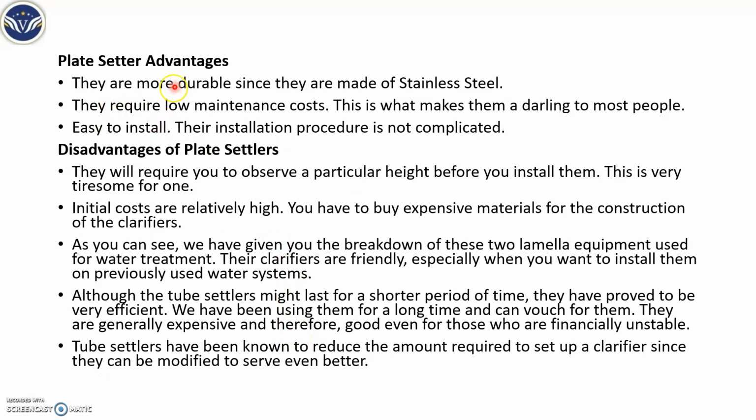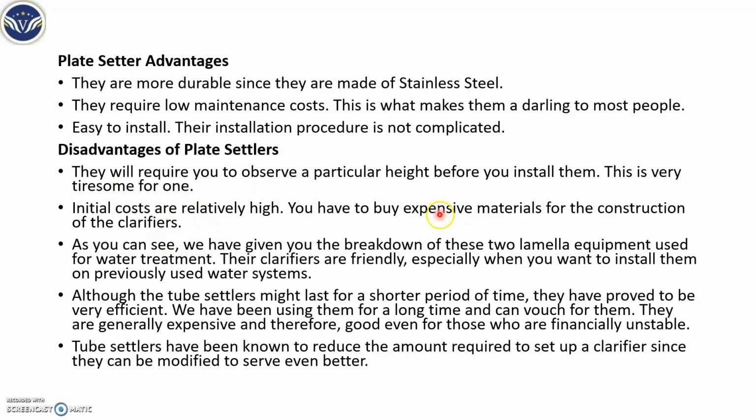These are some of the advantages and disadvantages of tube settlers. Plate settlers are more durable, made of stainless steel, and the maintenance cost is less. Initially they are easy to install. But in plate settlers, the height required is more, and the initial cost is relatively high.